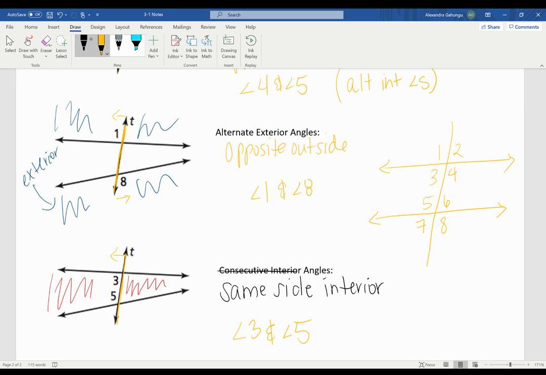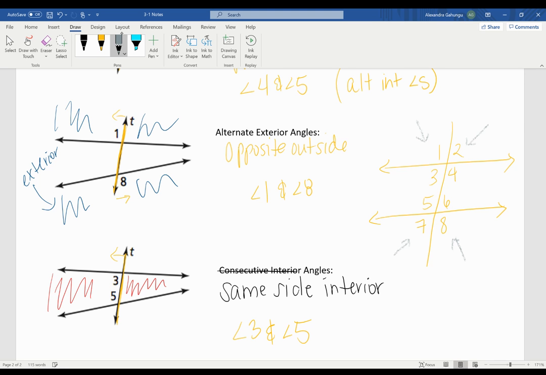So I now know something about each of these. So 1 and 8, exterior, alternate, so alternate exterior. Then 2 and 7, actually also, aren't they on the opposite side and on the outside? So also alternate exterior.